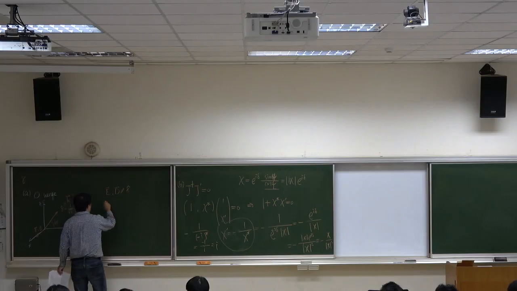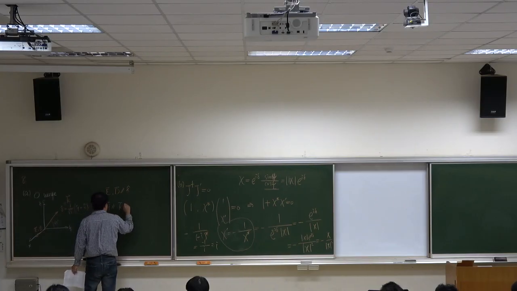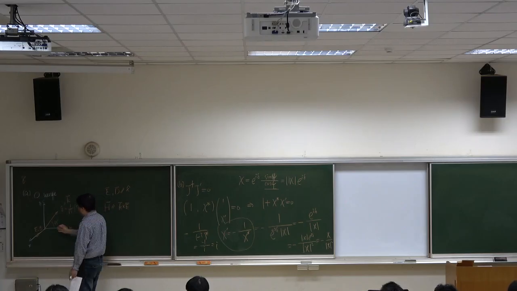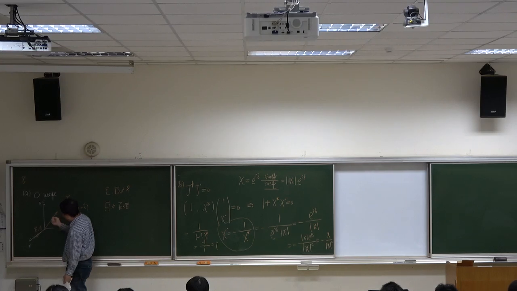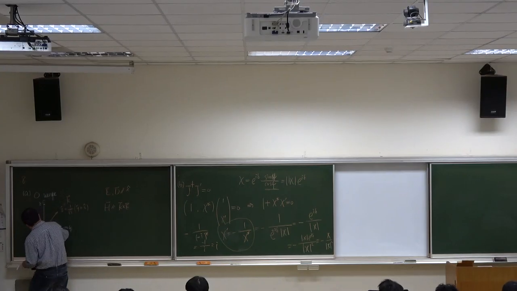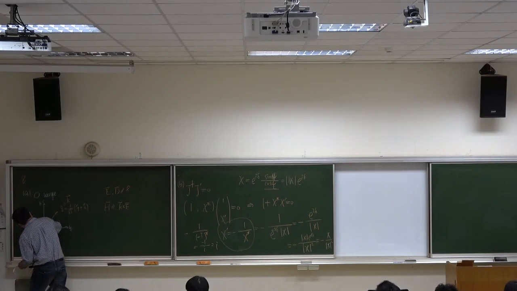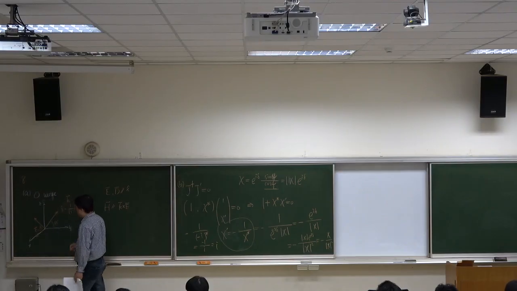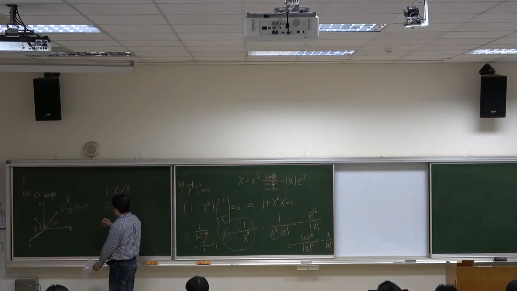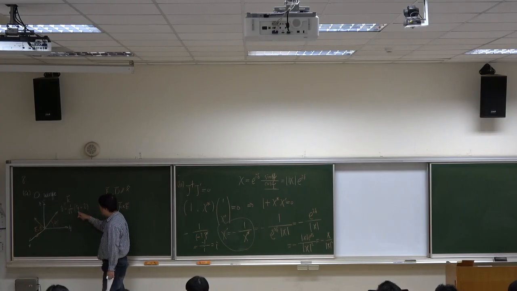H is parallel to K cross E. And K is in the YZ plane, and K cross E is in this direction. So it just reverses the Y sign.